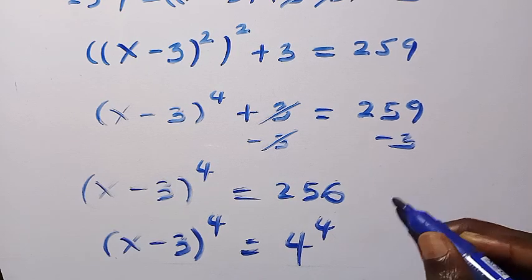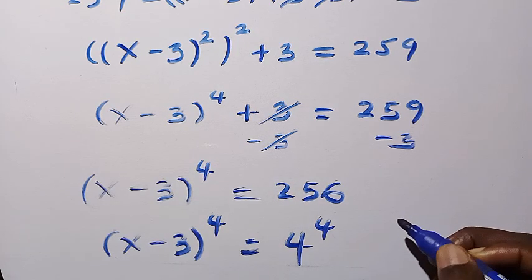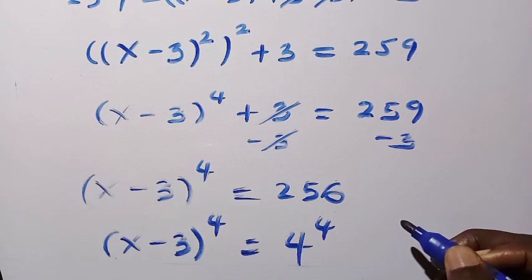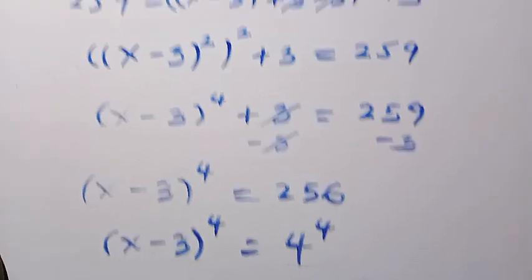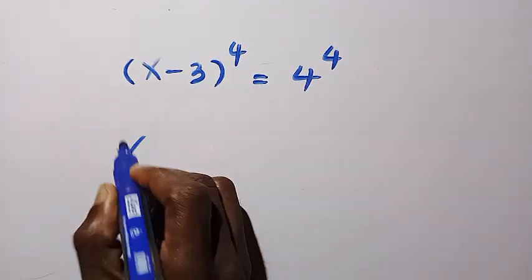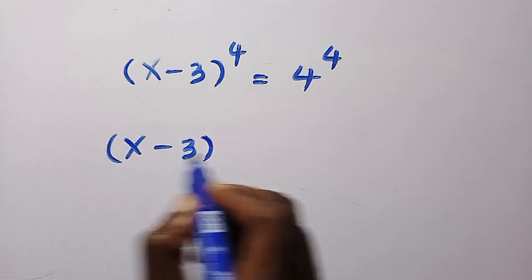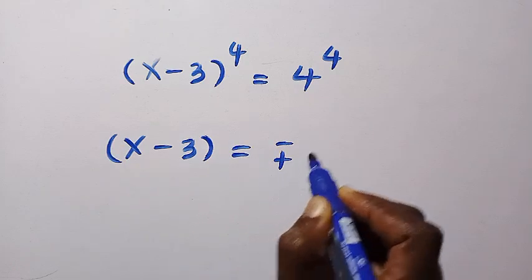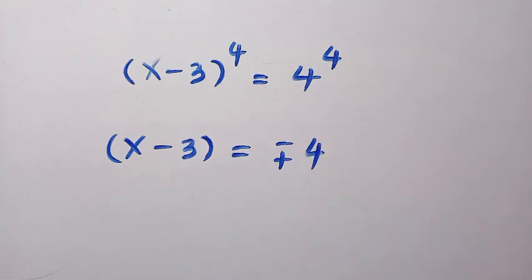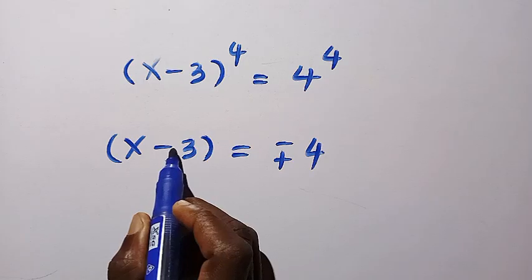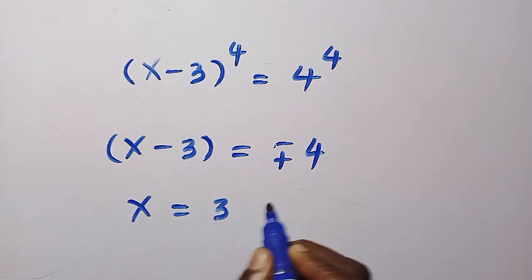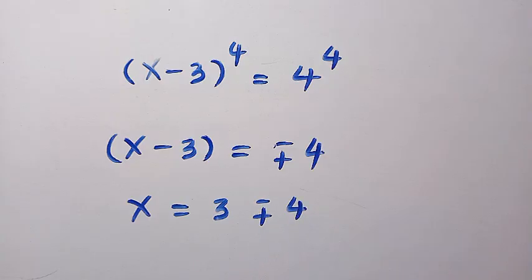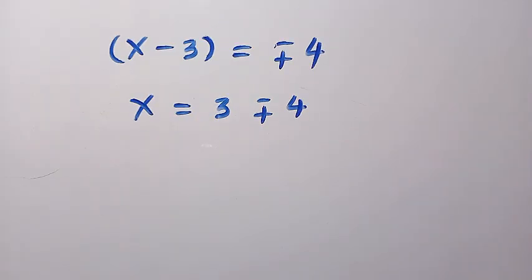Here we are interested in getting only the real solutions. We don't want to get the complex solutions. By taking the fourth root of both sides, we have x minus 3 equals plus or minus 4. By taking this minus 3 to the other side, we have x equals 3 plus or minus 4.